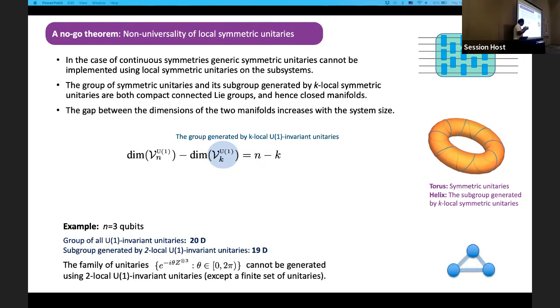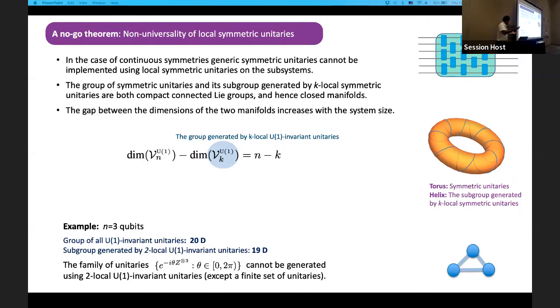Just to go back to the example that I discussed before, for 3 qubits, it turns out that the dimension of all U1-invariant unitaries is 20-dimensional, whereas the subgroup generated by 2-local U1-invariant unitaries is 19-dimensional. So 20 minus 19 is equal to 3 minus 2. That's what this equality says.